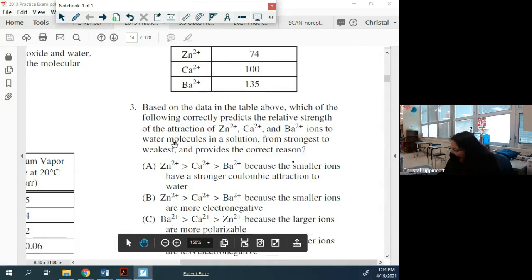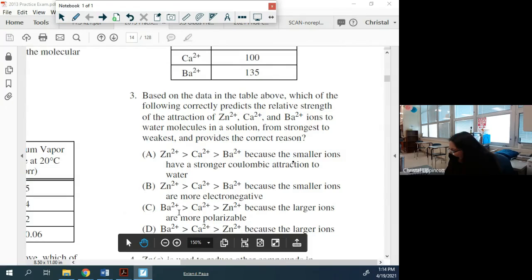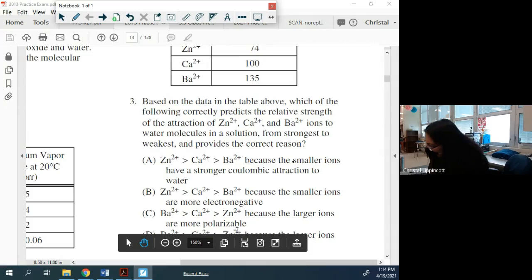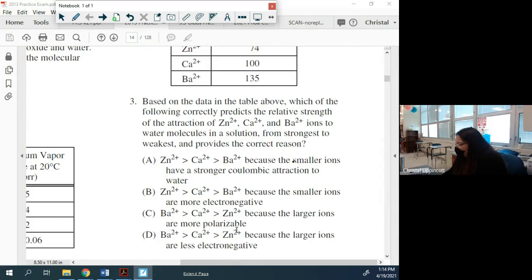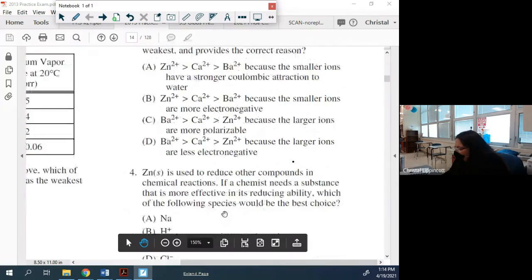C. They're not talking about IMFs here. They're talking about the strength of attraction between them. All right, zinc.